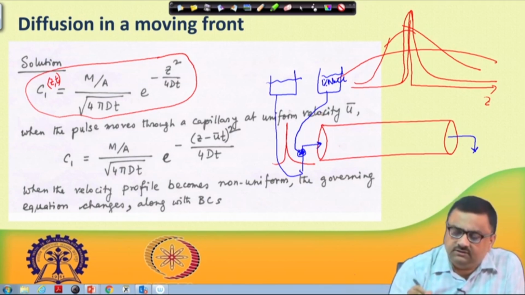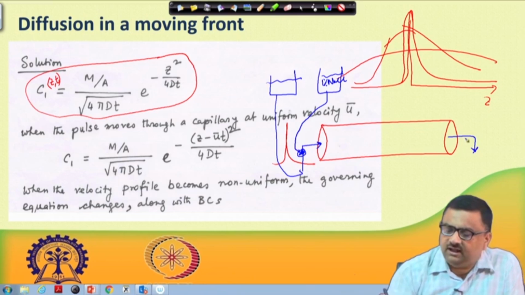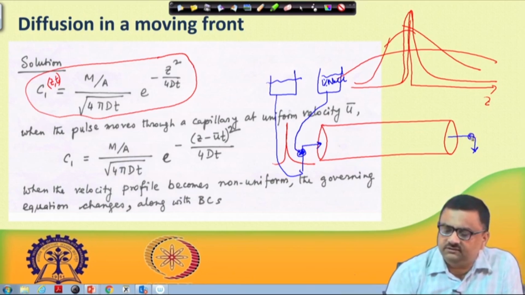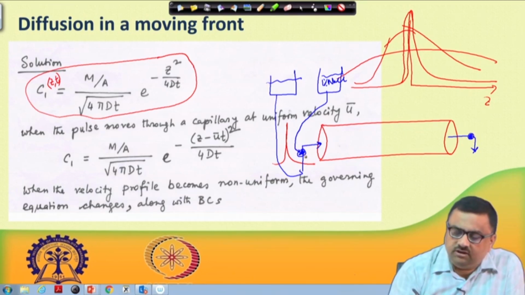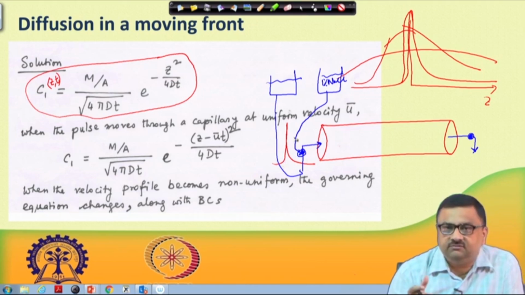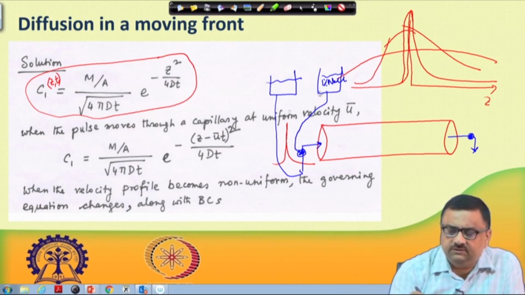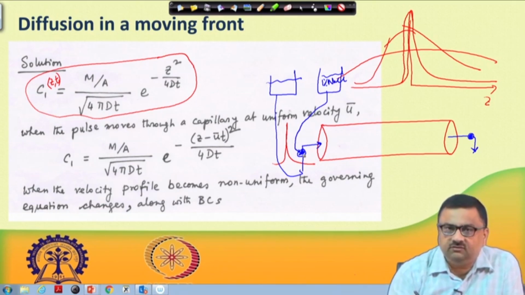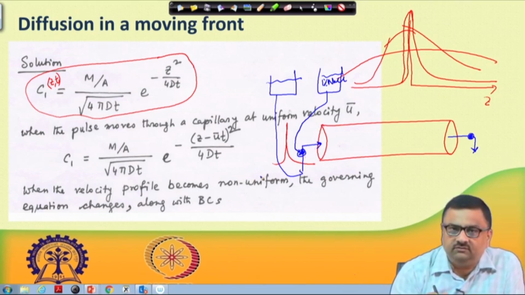Let us say we have some way to measure the concentration at the outlet. We could introduce it as a pulse. That means, for just a fraction of a second we open this valve so that this 1% NaCl solution goes in, and then we go back to our original water flow.